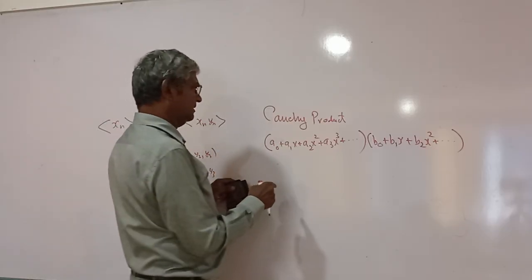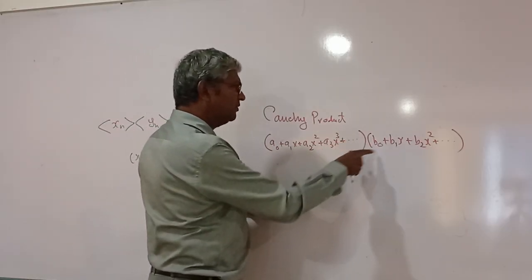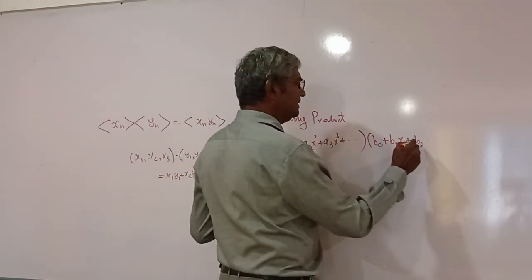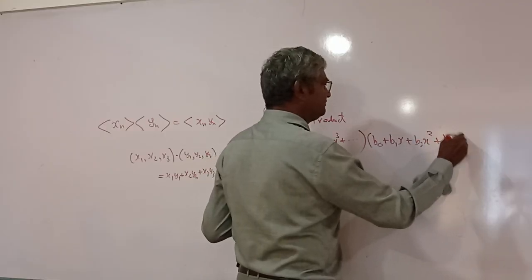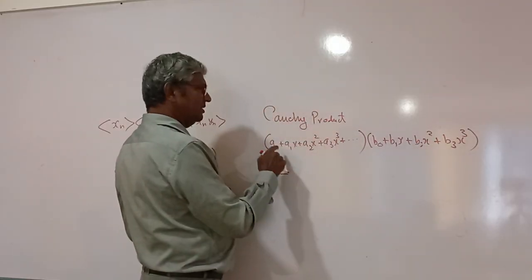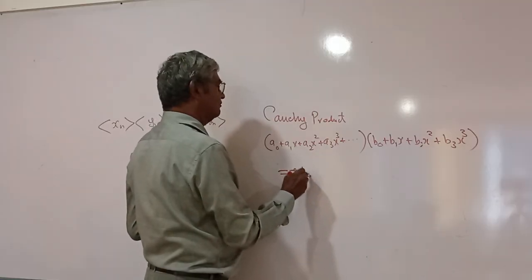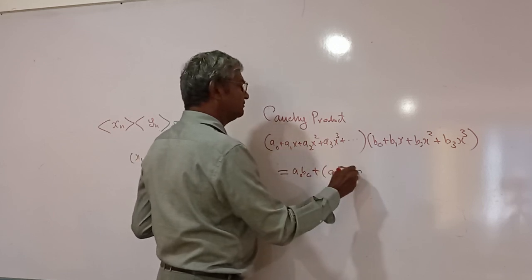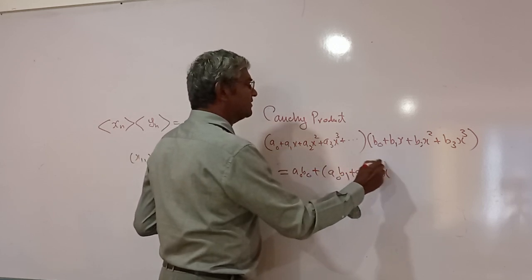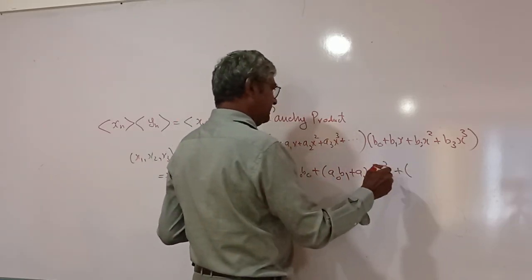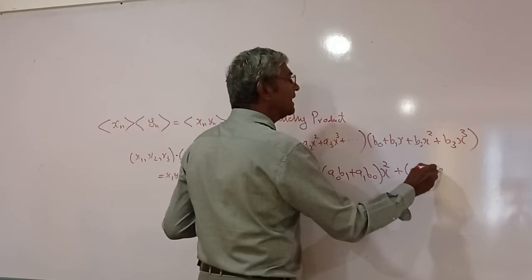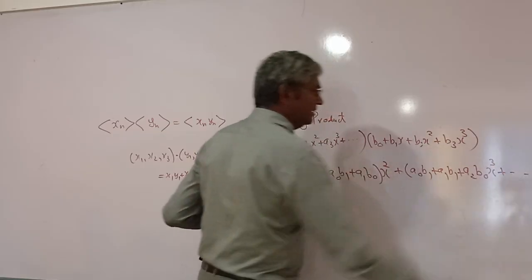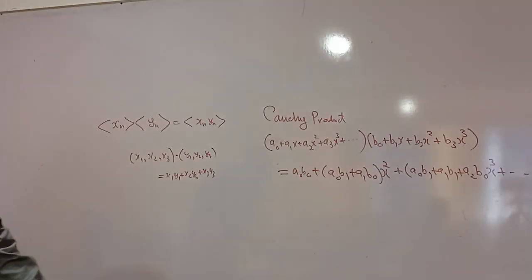When you multiply this, it is equal to a0 b0, plus a0 b1 plus a1 b0 times x, plus a0 b2 plus a1 b1 plus a2 b0 times x squared, and so on. This is called the Cauchy product.